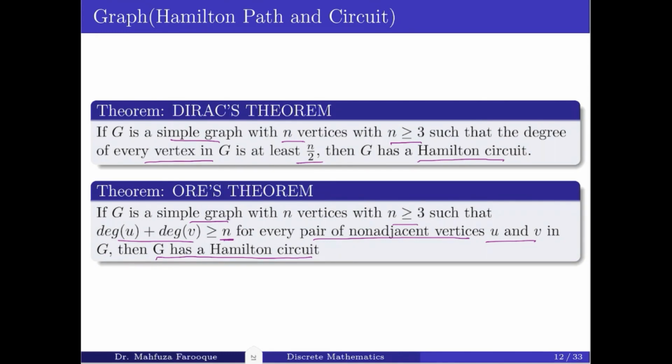Sometimes this theorem is helpful, but it is not always true that by applying these two theorems, we will be able to identify whether the graph has a Hamilton path or circuit.